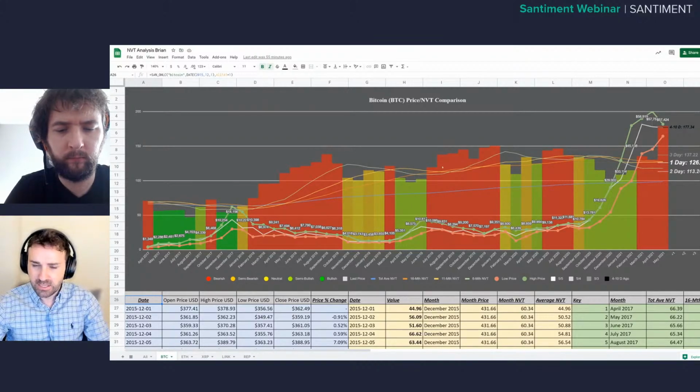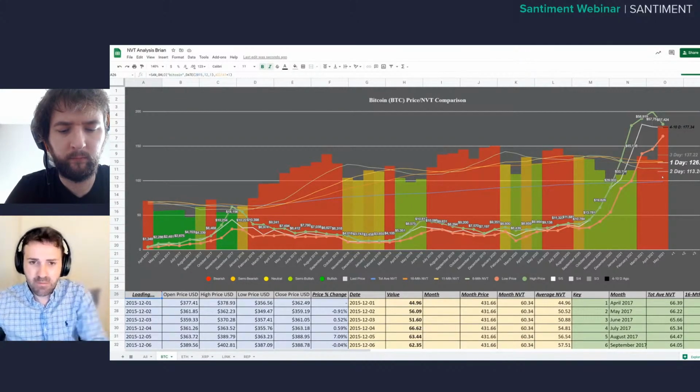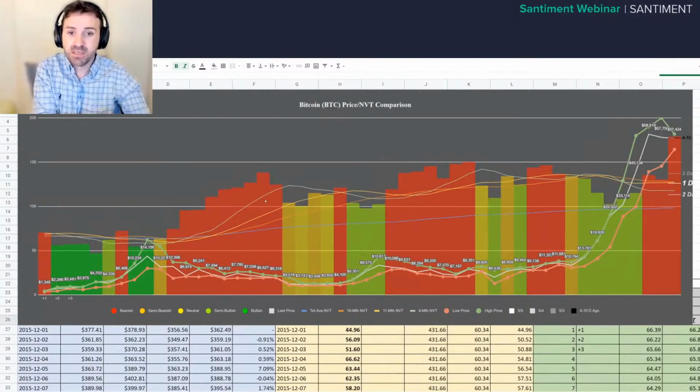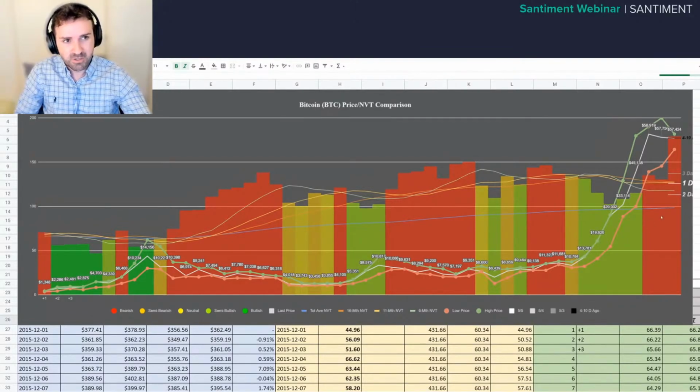Basically, these trend lines here are just time frame fluctuations, like a 6 month, 11 month, 16 month, and then an all-time line here. It looks like it's going to try to refresh, so it may go away for just a moment.